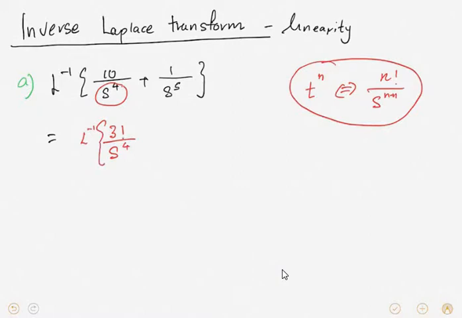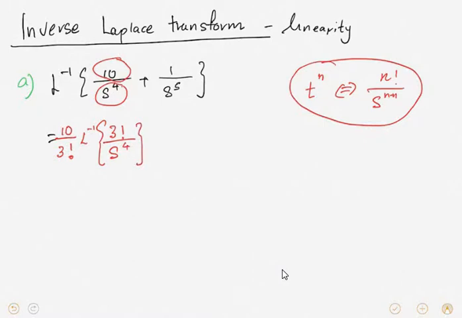Since we have 3 factorial, and in the original question we only have 10, we take out the 10 and divide by 3 factorial. If we cancel out the 3 factorial and 3 factorial, we still obtain the same value, which is 10 over s power 4.